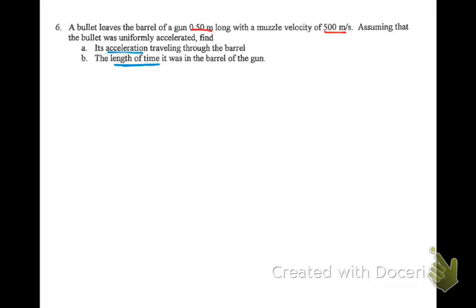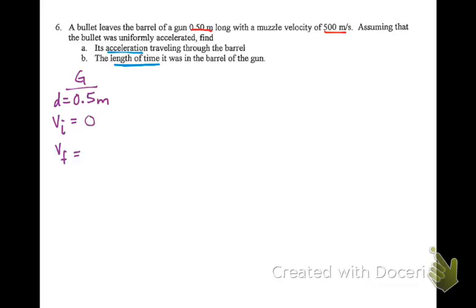So let's write down all of our givens. We know the distance, 0.5 meters. Now, things I want you to think about: we know our initial velocity and our final velocity. If a bullet is loaded in a gun and isn't moving, what is its initial velocity?